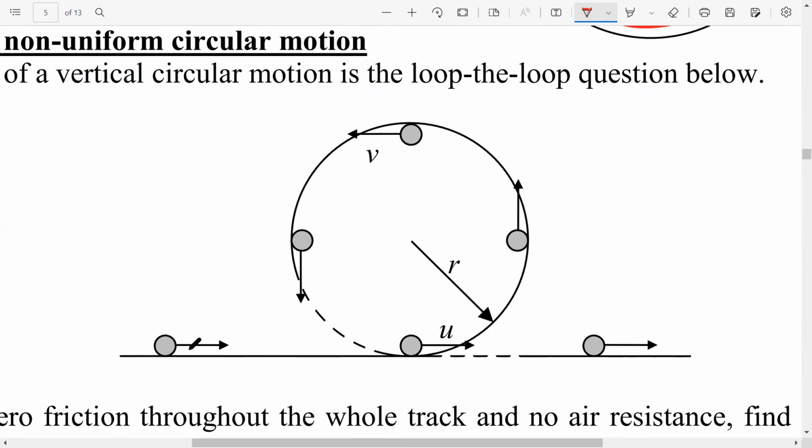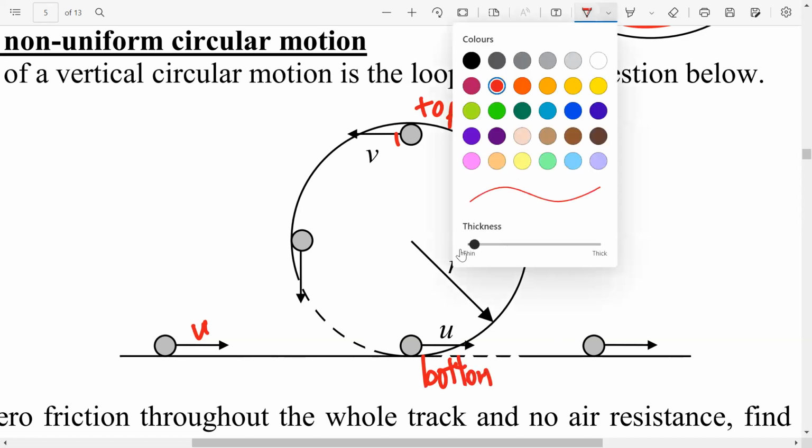Okay, as it moves up without any additional energy input, what will happen as it goes up and then comes down?